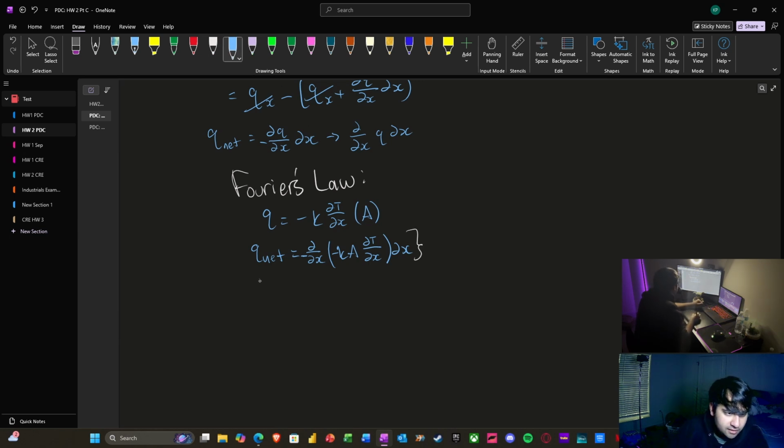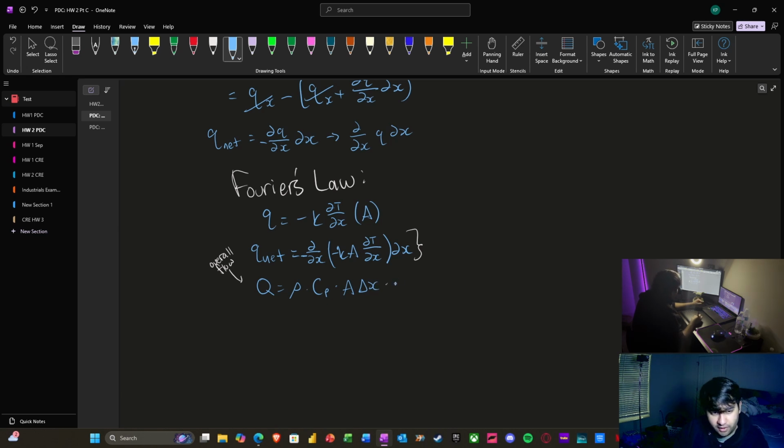And what we want to do next is know what our overall heat accumulation looks like. This is going to start off with taking our density, multiplying it by our heat capacity coefficient, and multiplying that by our area times the change in location.